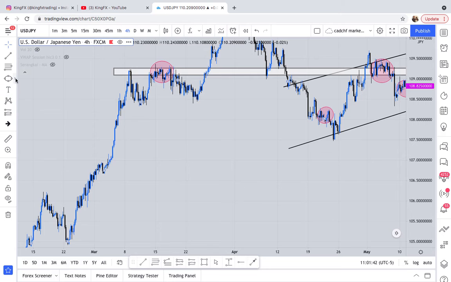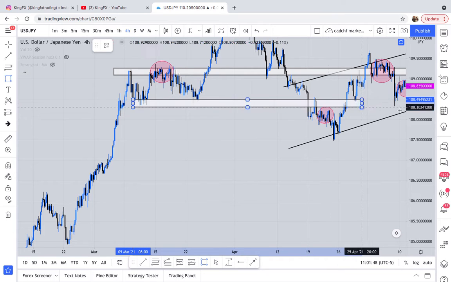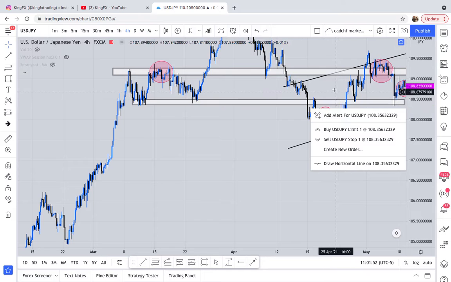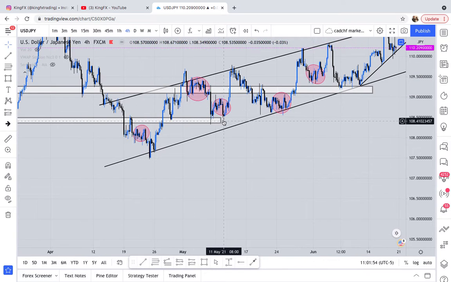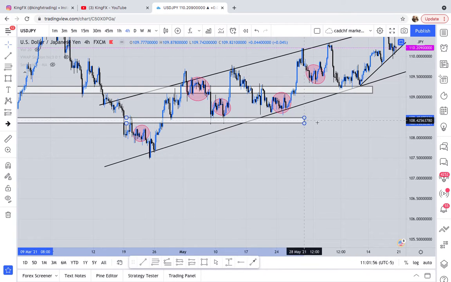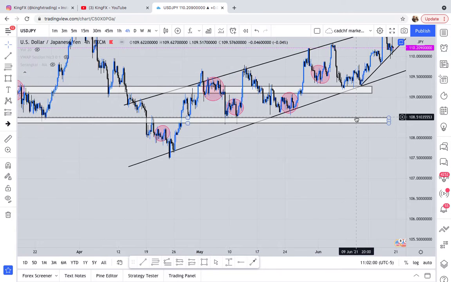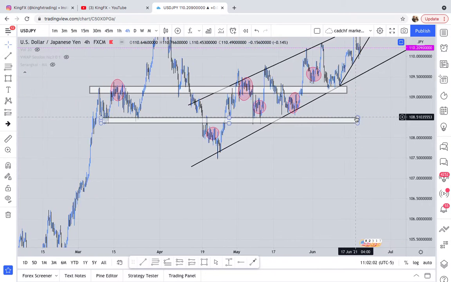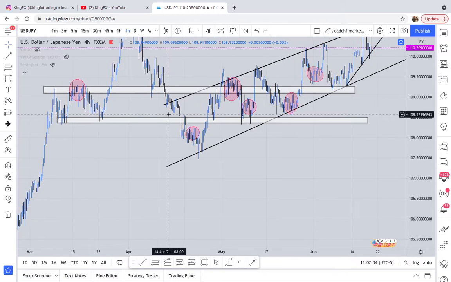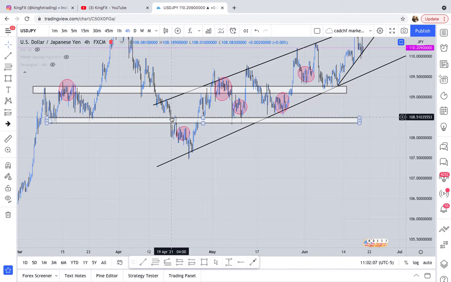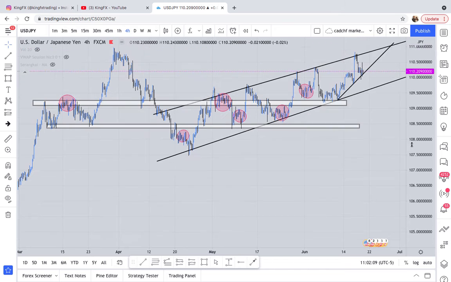So what we're going to do is mark in our zones throughout the whole pair. Even if price doesn't come back down to these levels, we still can extend them over time, because there's a high chance that price will retrace to these levels.